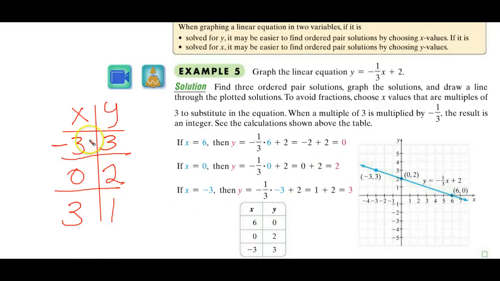So there are my 3 points. -3, 3. They're using that one. 0, 2. They're using that one. And then 3, 1. So 1, 2, 3, 1. They're using that one. Now they used another one too.